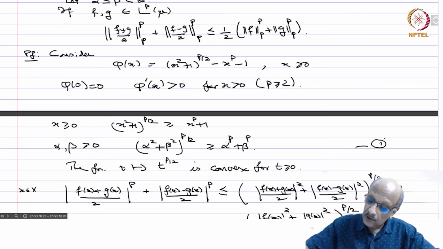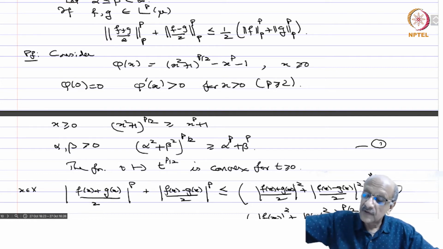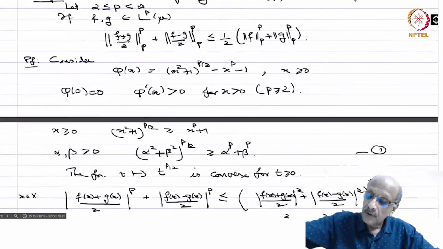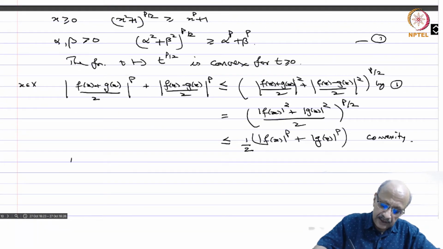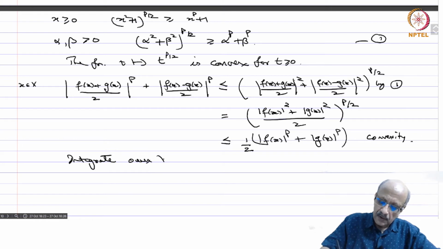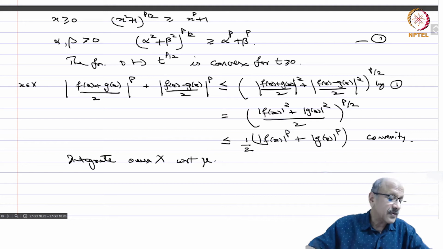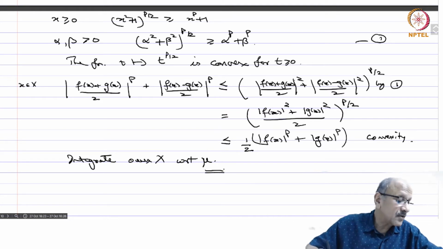Okay, we used 1, and here we use the convexity, and therefore, now you just integrate over x with respect to mu, and that will give you precisely whatever you want. So this is the proof of Clarkson's inequality.